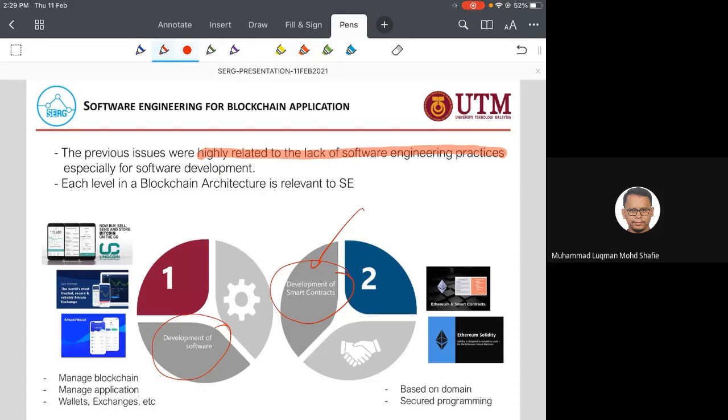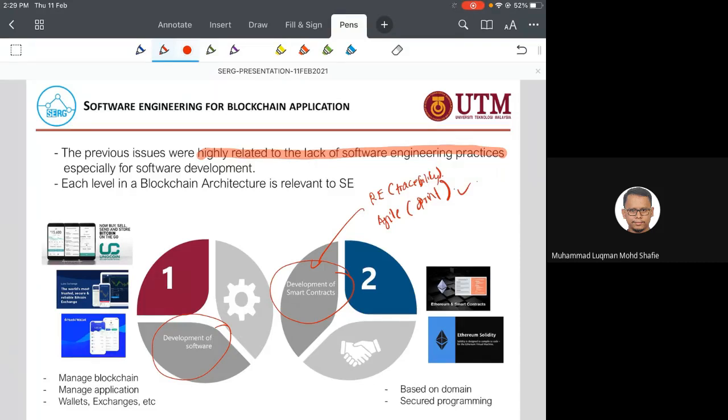You can apply it at requirements engineering, especially traceability. You can apply it at the software process model, for example agile, at the sprint process and so on. The smart contract.